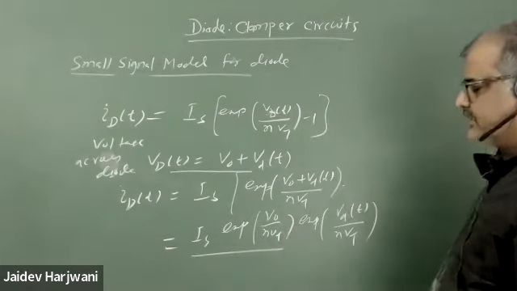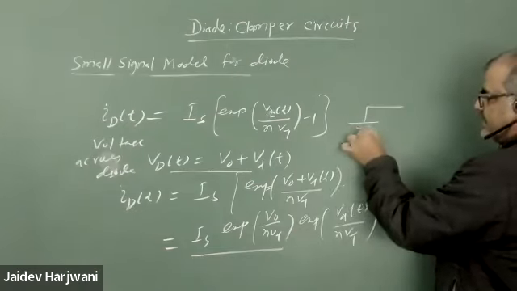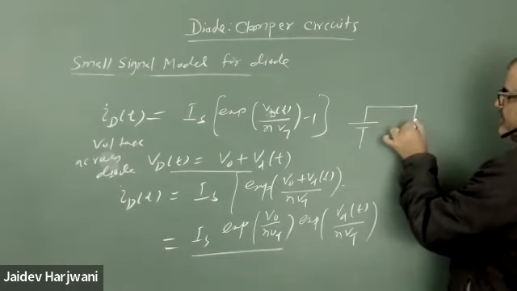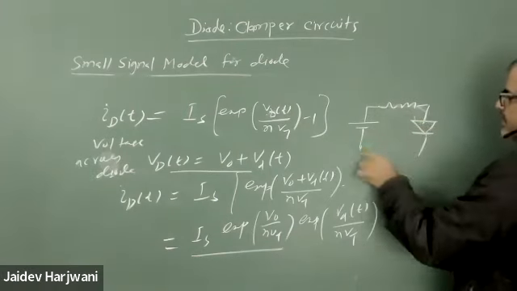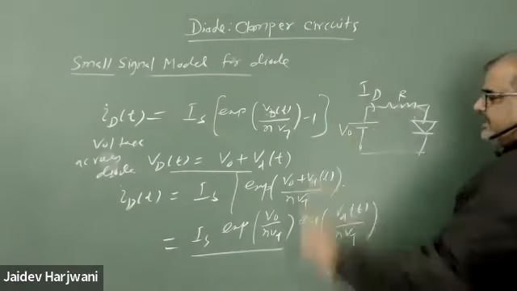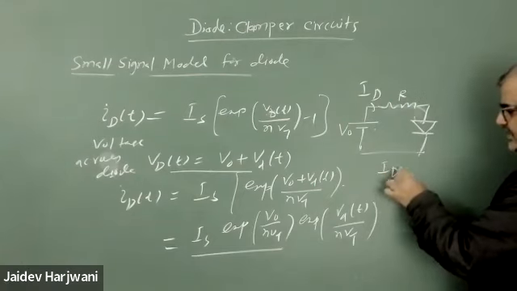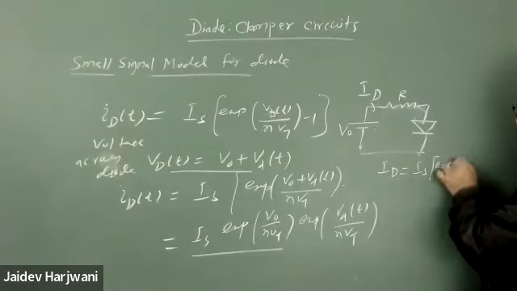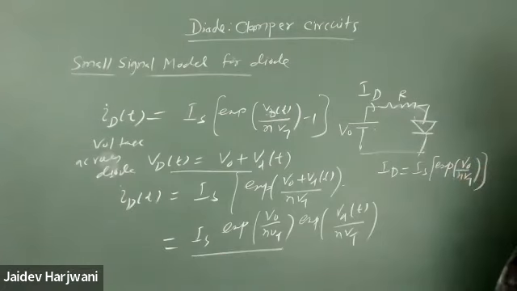Now suppose you have a reverse saturation current I0. Let's see your diode. This is a resistance, and this is your diode. When there is only source V naught, then the circuit current flowing is ID. ID is the forward current, given by IS exponential V naught upon eta VT, isn't it?